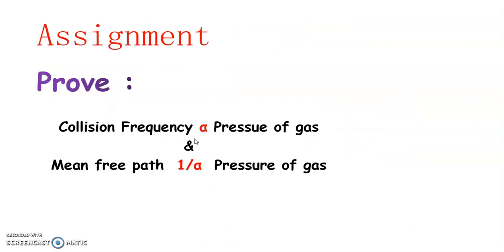Thus, I am giving you an assignment to prove how collision frequency is proportional to pressure of the gas and mean free path is inversely proportional to pressure of the gas.